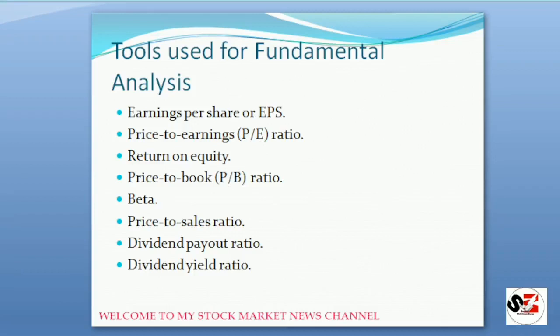These are the tools. Earnings per share shows how much a company is ready to pay. Suppose the company's total profit divided by outstanding shares is the EPS, and it helps investors understand whether the particular company is profitable or not.